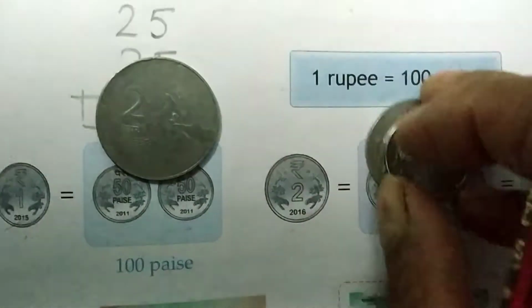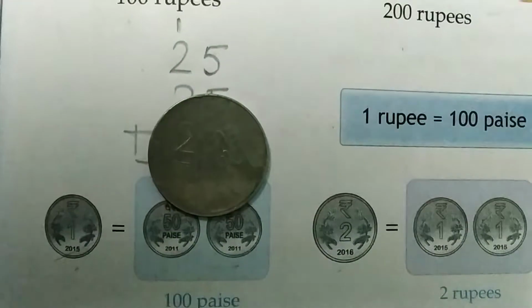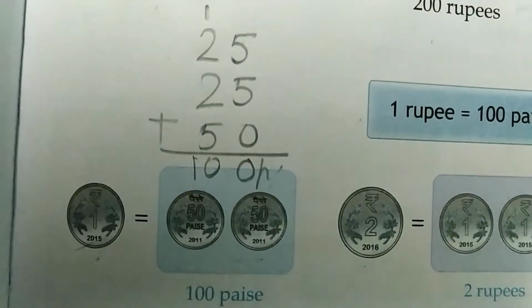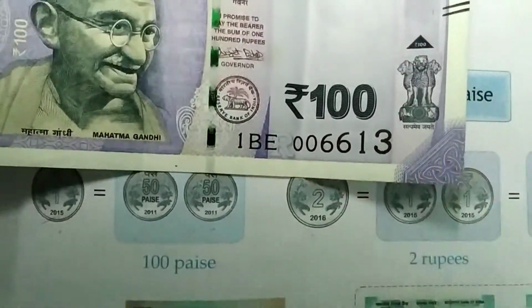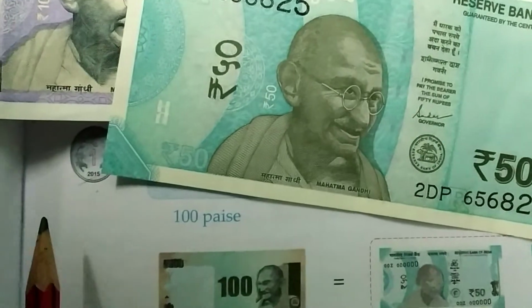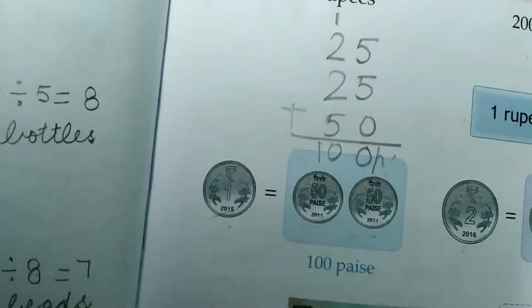And if we are talking about 100 rupees, if we take 2 notes of 50 rupees, then it makes 100 rupees.